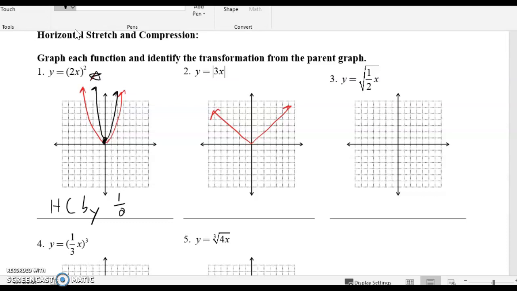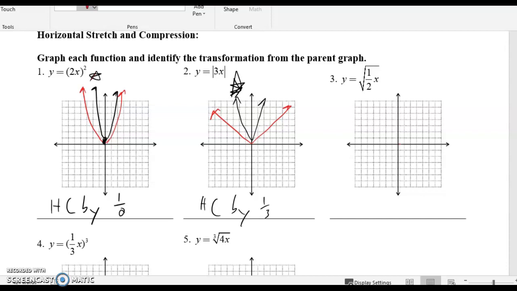You are getting at the same height in 1/3 of the time. And that means it's going to get taller and skinnier. This is a horizontal compression by 1/3. And then our black graph is our final answer. Not a very good star, but I think you see what I was trying to do. I'm clearly showing you what my final answer is.